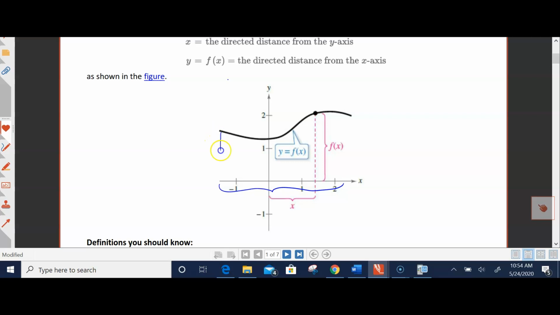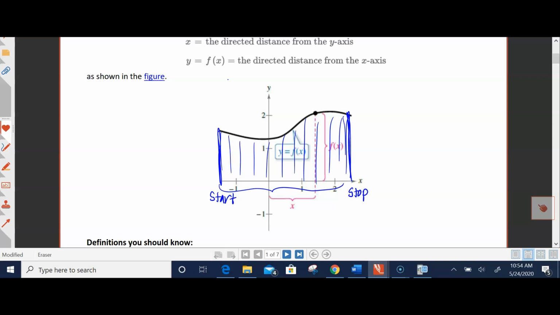So all the domain values are all the x values that your graph would basically cover. So if I just looked at this graph, the domain would start here and stop there. Those would be my domain values. Always go left to right, start on the left, stop on the right.